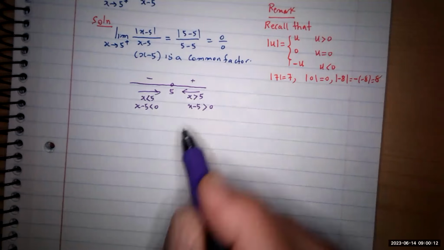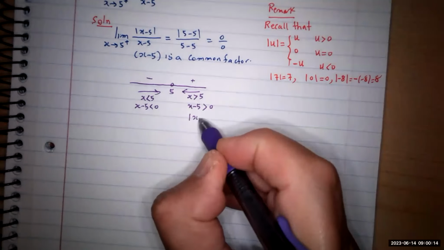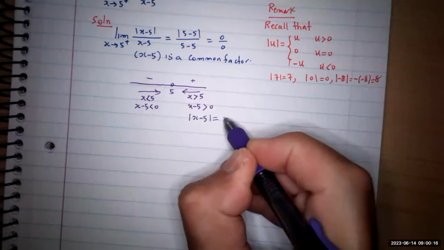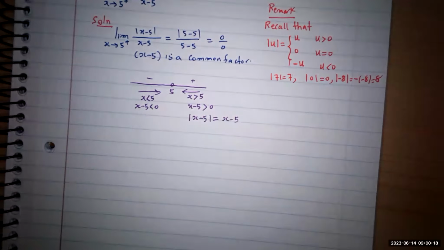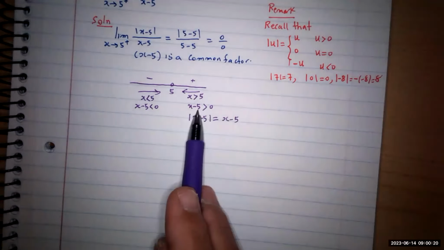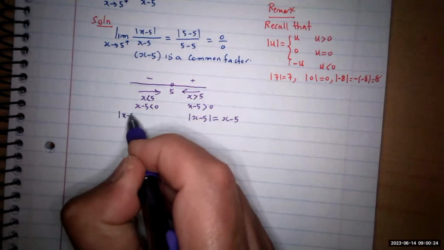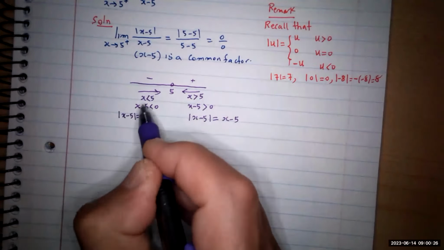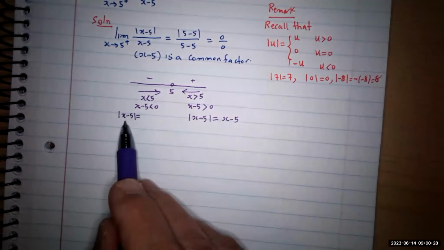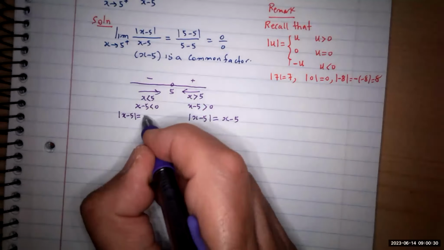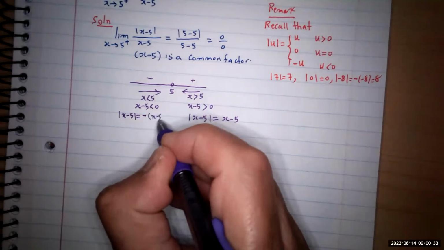If the difference is positive, the absolute value of x minus 5 is going to be x minus 5 because it's positive. But if you are going to be here, the absolute value of x minus 5 is negative inside. It's the opposite of the inside. Opposite means negative (x minus 5).